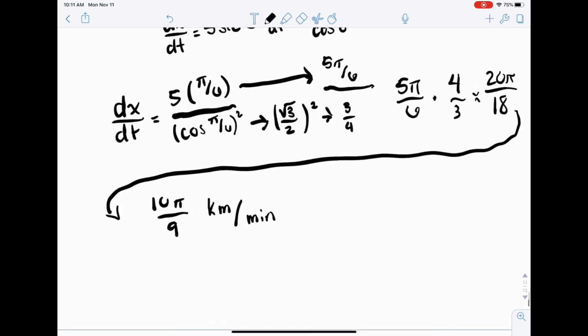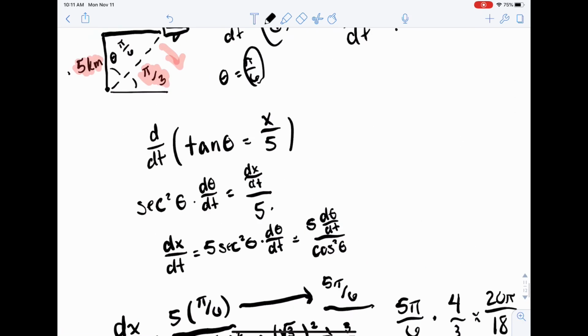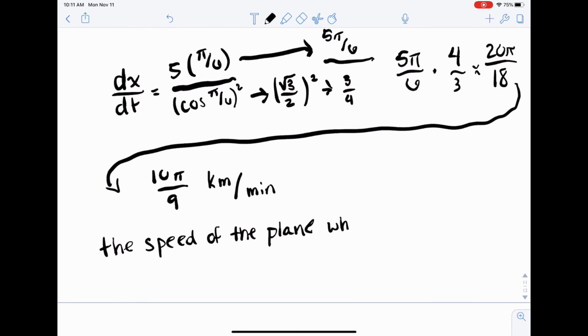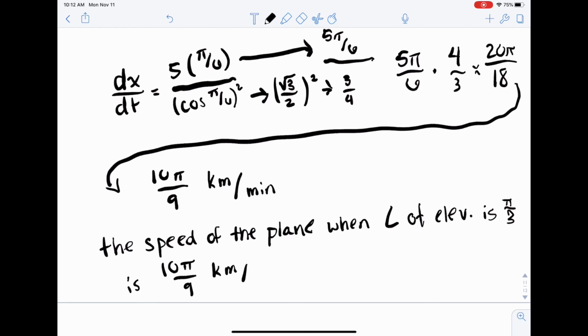So the speed of the plane when the angle of elevation is pi over 3 is 10 pi over 9 kilometers per minute.